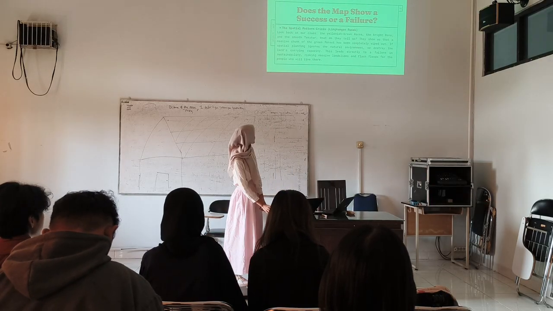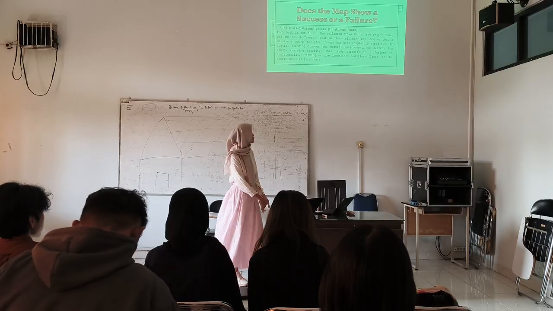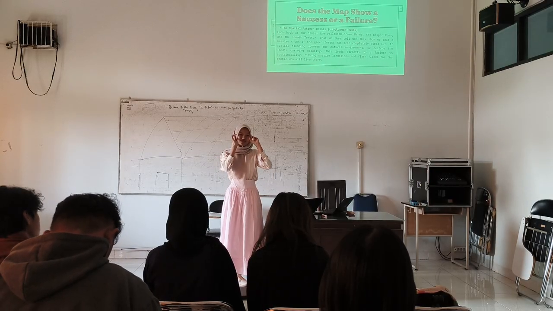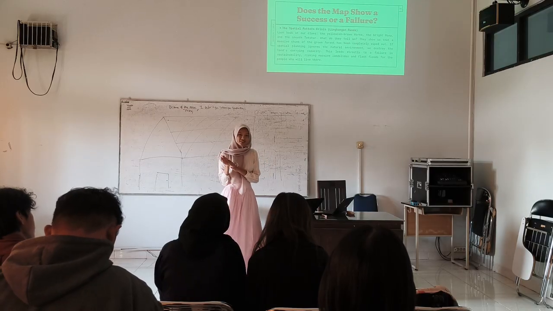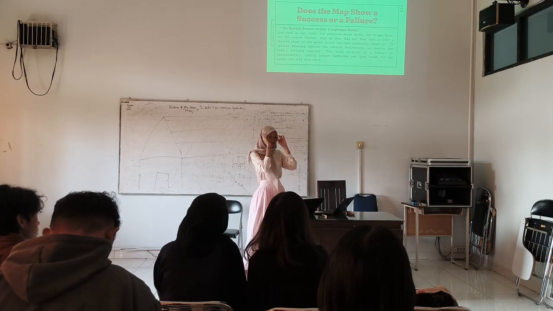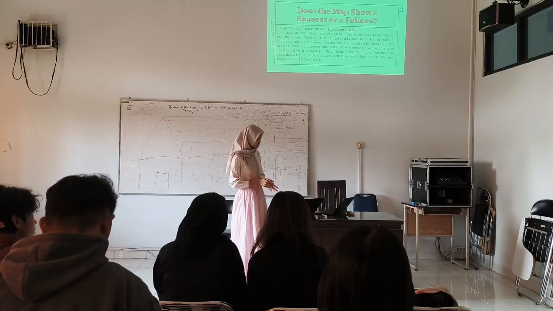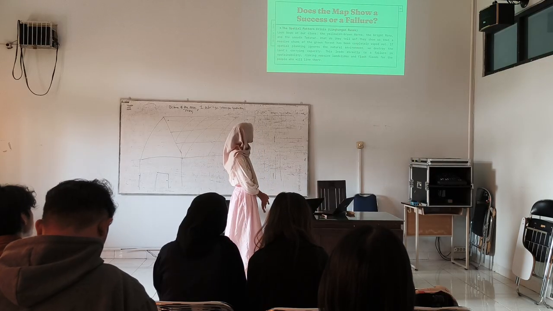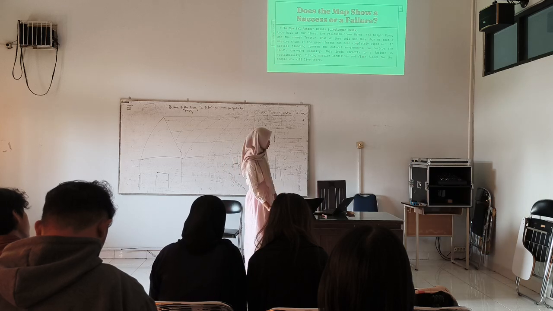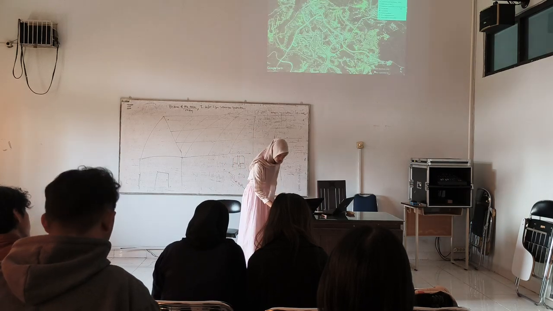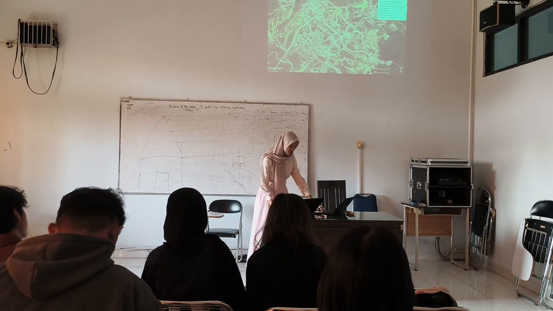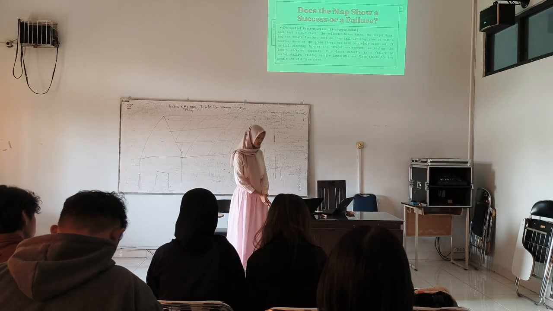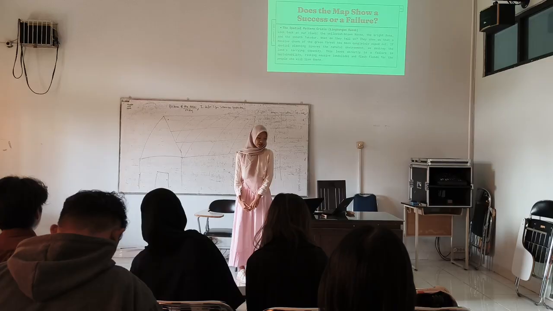Now, as you can see in the maps before, do you think that the map shows a success or a failure? It is a failure, guys, because the first reason is the spatial pattern crisis. Look at our clues, like the yellowish area, and then the bright tone and the smooth texture.